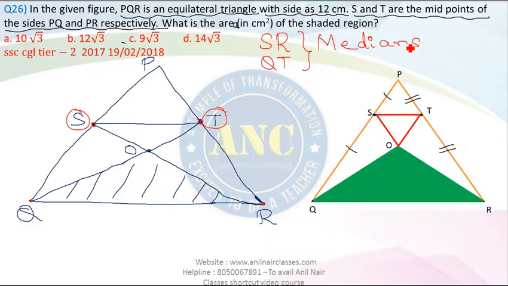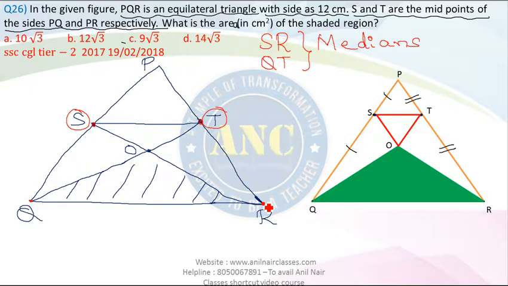Because S and T are midpoints. Medians mean what? I will take this particular point R. From R, I will draw a line to the side opposite to R. The side opposite to R is PQ. I will draw a line SR, and that S should be the midpoint of PQ. That is nothing but a median. Similarly, QT also.